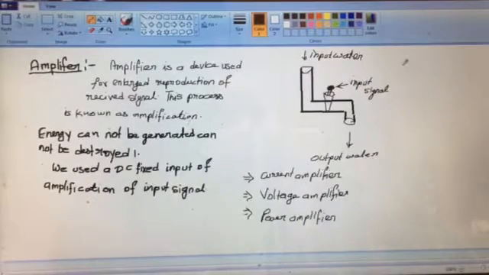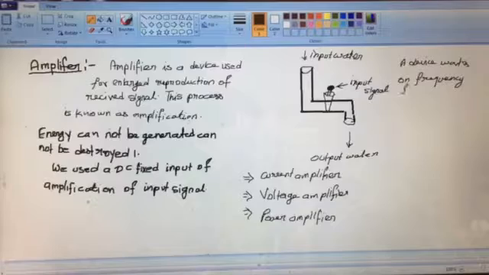Suppose a device works on frequency from F1 to F2.